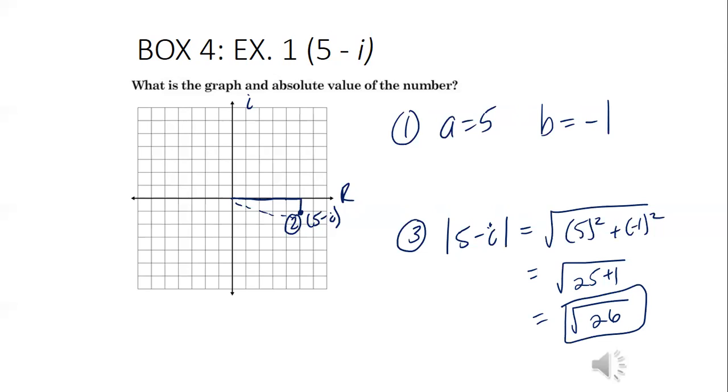After doing this, can someone tell me what formula I am essentially using for the absolute value? Kind of. Yeah. Almost.